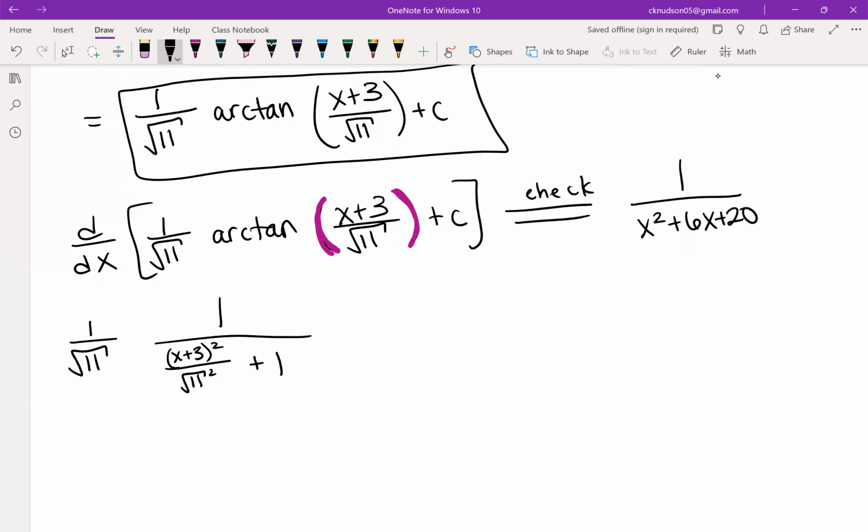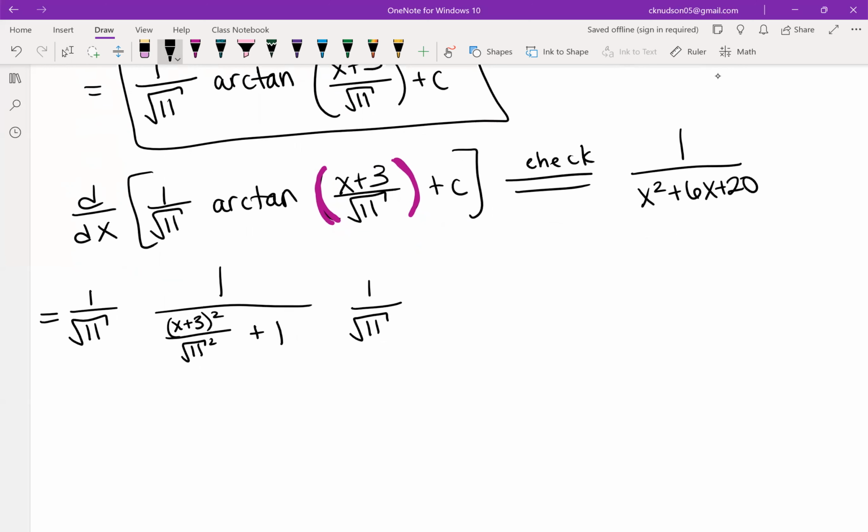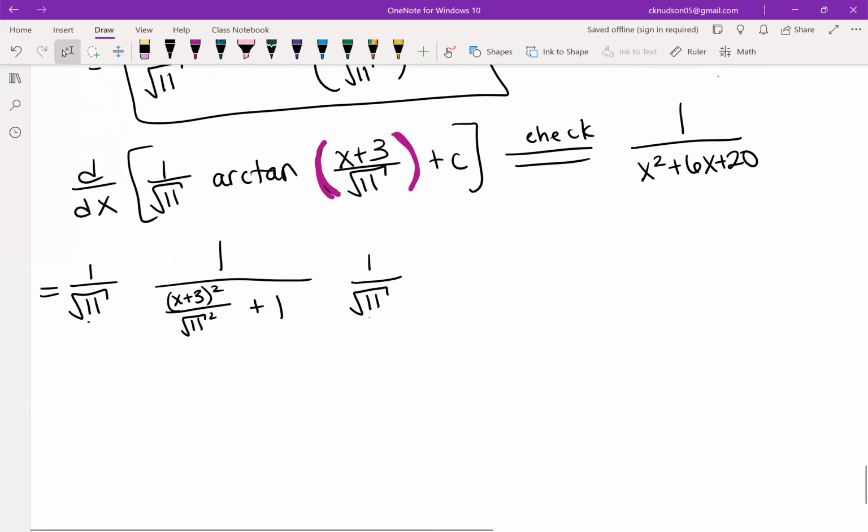Now we need to take the derivative of what's within the pink parentheses, and we get 1 over the square root of 11. Okay, so we have a square root of 11 and a square root of 11. We can go ahead and combine these two square roots of 11, and that becomes 11. Similarly, here we have 11 squared and then also square rooted. So this is just 11 here.